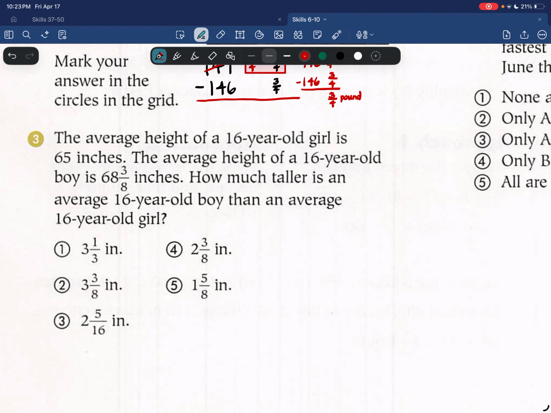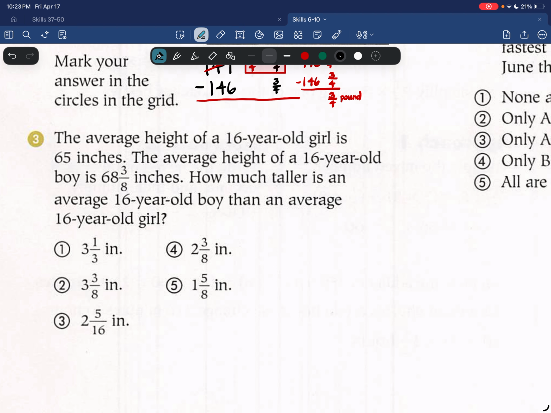Number 3, the average height of a 16-year-old girl is 65 inches. The average height of a 16-year-old boy is 68 3/8 inches. How much taller is an average 16-year-old boy than an average 16-year-old girl? Both of those are telling me to subtract.